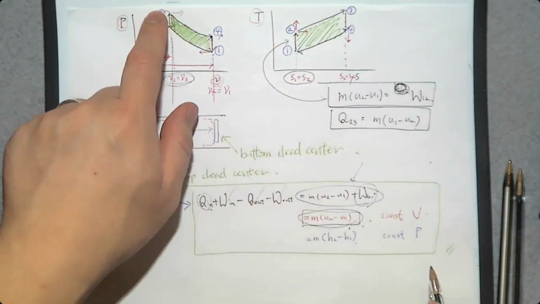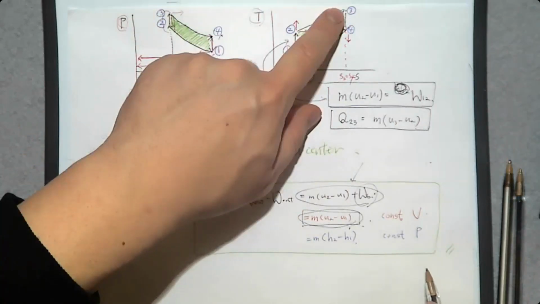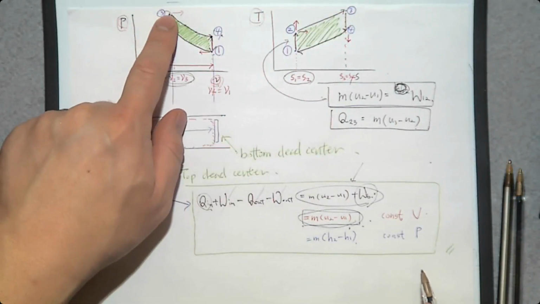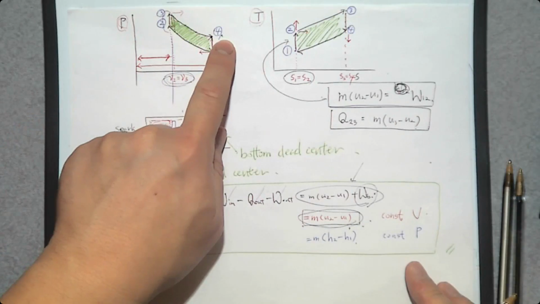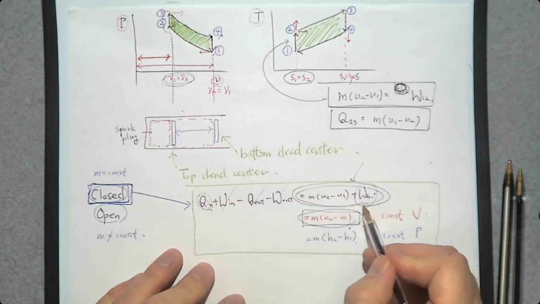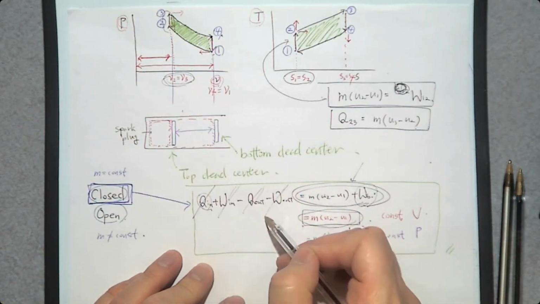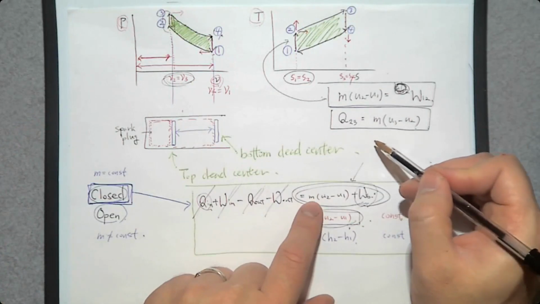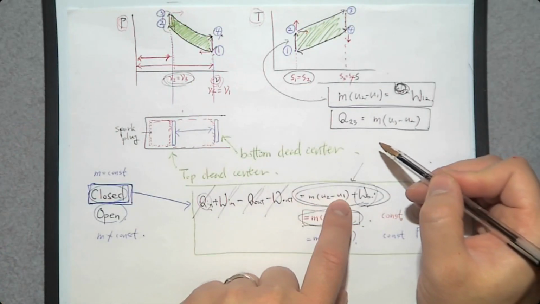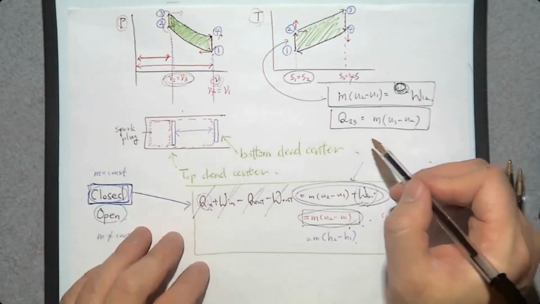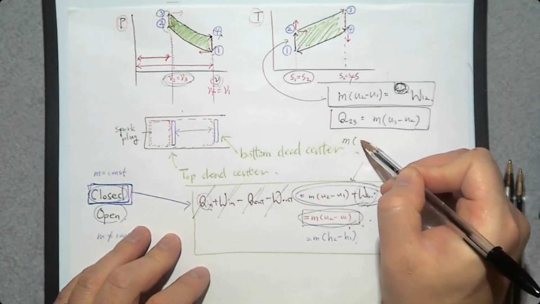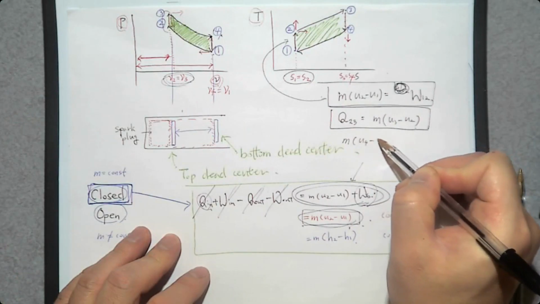Then between 3 and 4 is an isentropic expansion. So we are going to use this equation. We can neglect the left-hand side. So we have mass times U2 minus U1. However, this time it is between 3 and 4, so we can say mass times U4 minus U3.